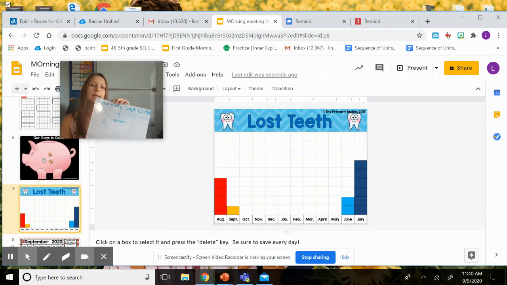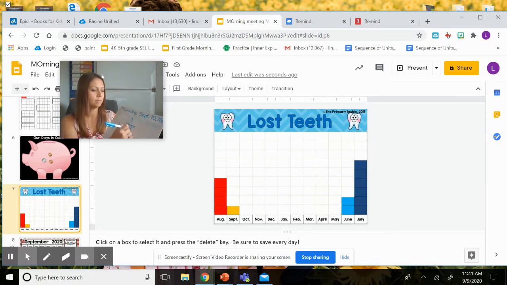And we're adding it together, so it means we need a plus sign. 2 plus, how many kids have lost teeth in September? 1, so add a 1. Then we need our equal sign to make our equation. And what's our answer? 2 plus 1 is 3.